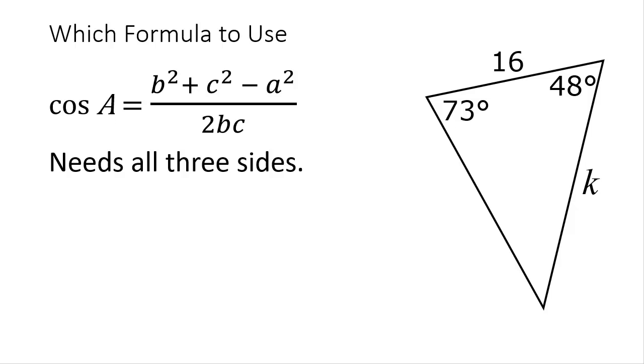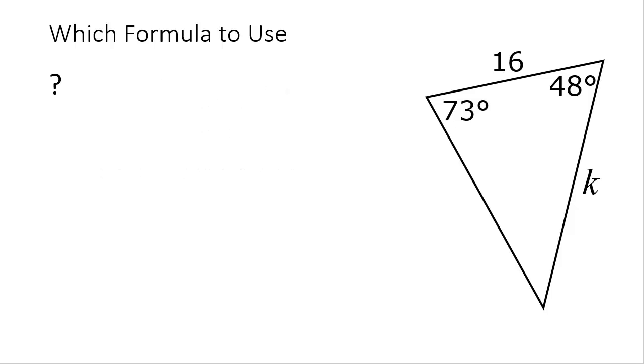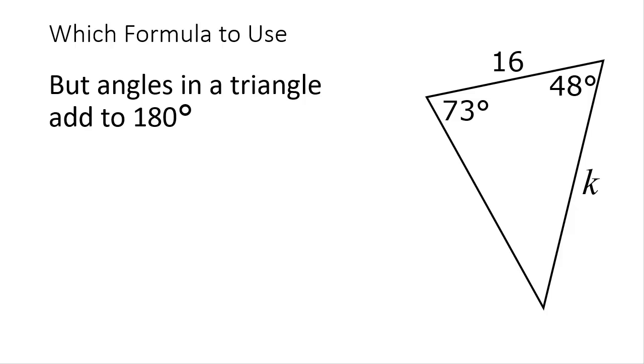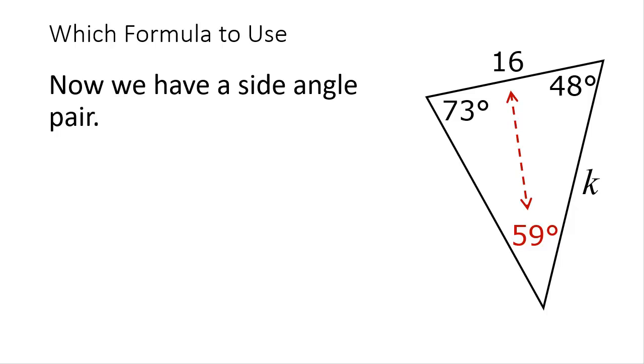But we're not actually stuck. Even though it doesn't seem like we can use any of the rules, we use geometry. 180 degrees in a triangle means we can calculate the angle at the bottom. And now we have a side angle pair and we can move forward.